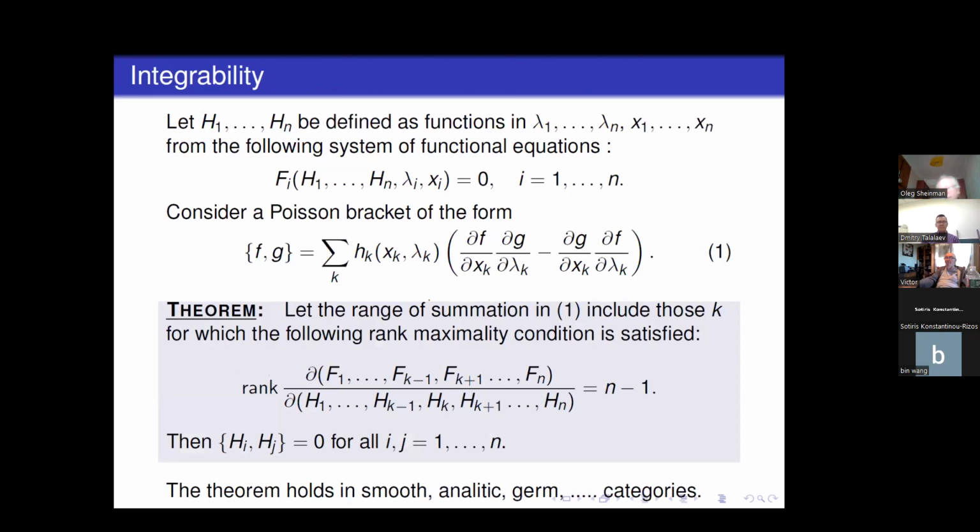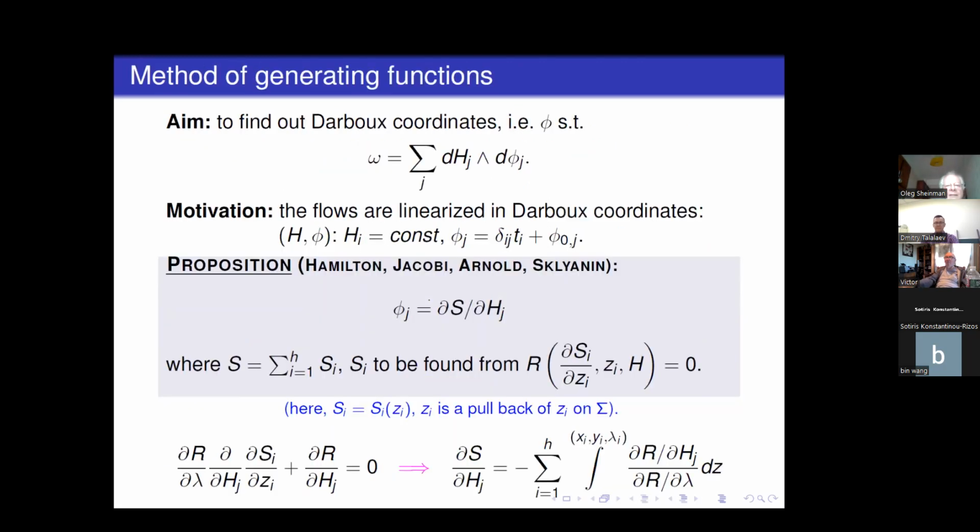Why is this system integrable? It follows from a simple analytic lemma, which I would like to skip because I am running out of time. I also skip the general method of generating functions.